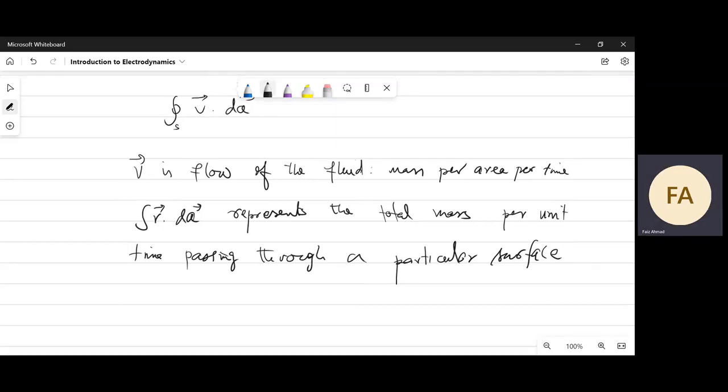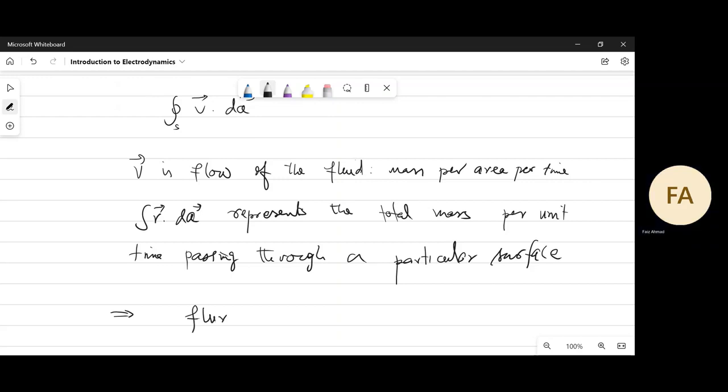So mass per unit time, or any quantity per unit time, passing through some surface area, we also call the flux.